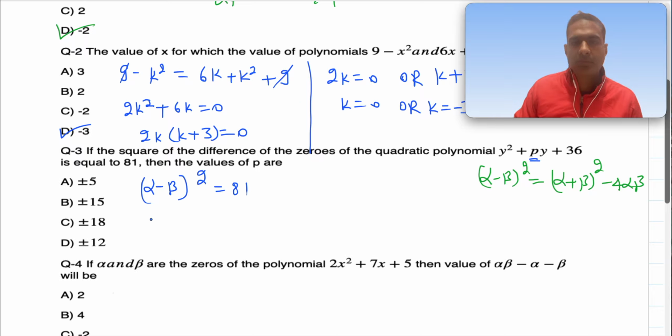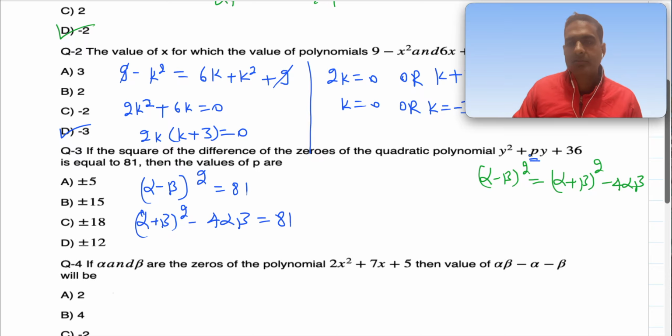So in place of alpha minus beta whole square, I can write alpha plus beta whole square minus 4 alpha beta, and that is given to be equal to 81. Now alpha plus beta is the negative of the coefficient of y, the variable can be anything, x, y, z, whatever.